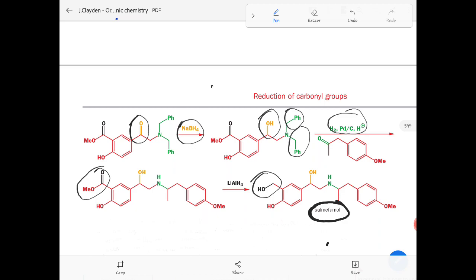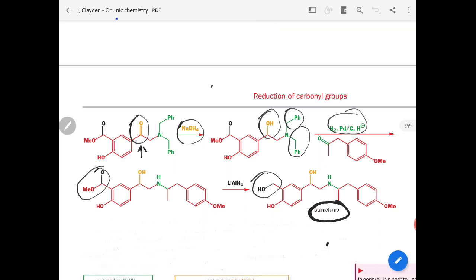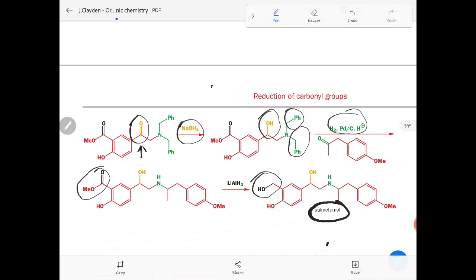There are many aspects you have to observe from this sequence of reactions. When sodium borohydride, one of the typical reducing agents, is used, it doesn't attack any other functional group. It selectively attacks this particular keto group only and converts it to OH group. Whereas when you use hydrogen in presence of palladium catalyst, it doesn't attack this ester group.